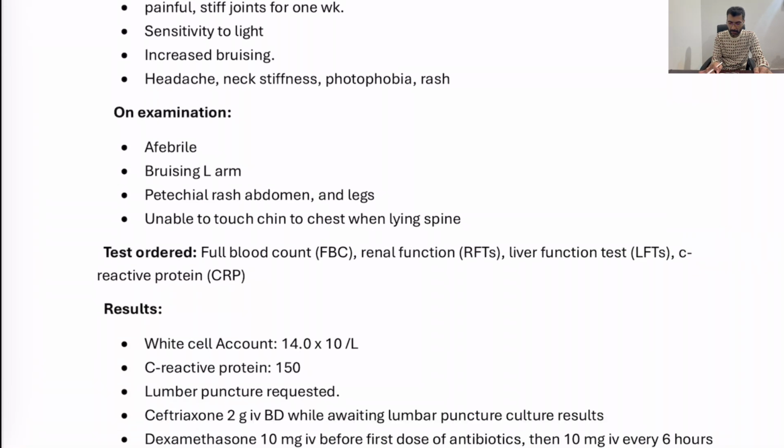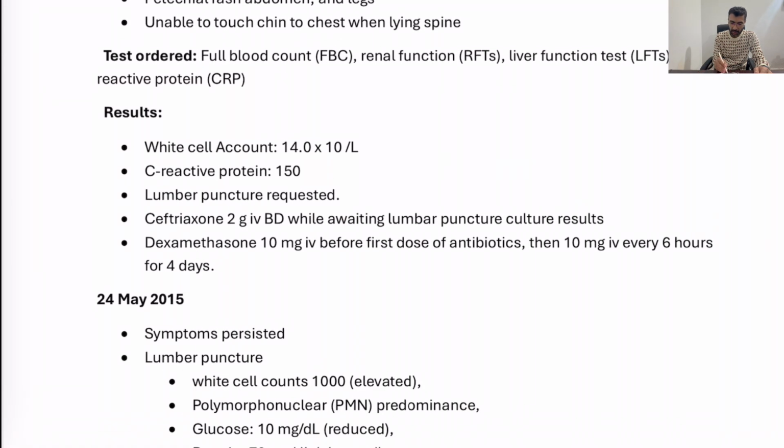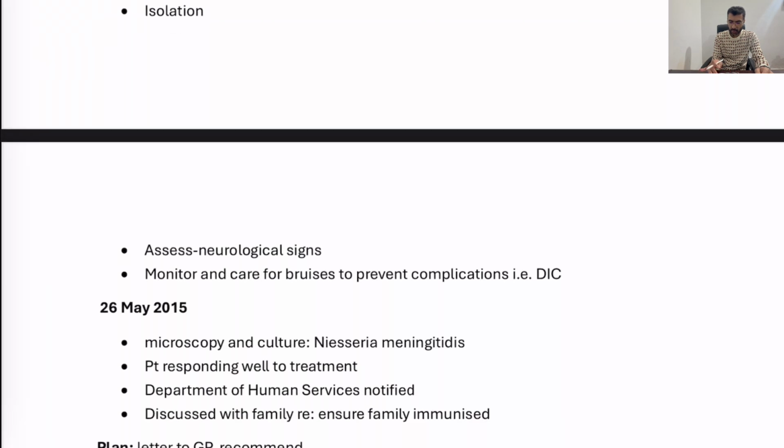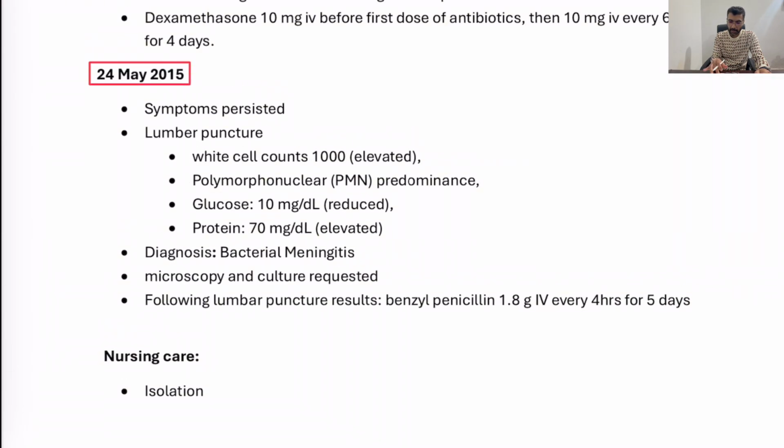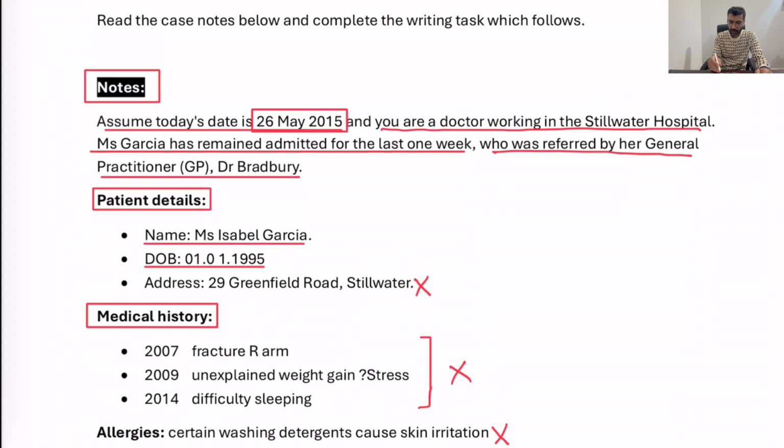The second date given is 24 May, the very next day, and the next date is 26 May, which is today's date here. This is given on the tab as well. I'll show you now. Here, it's 26 May.